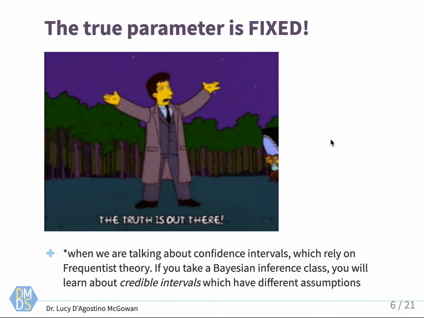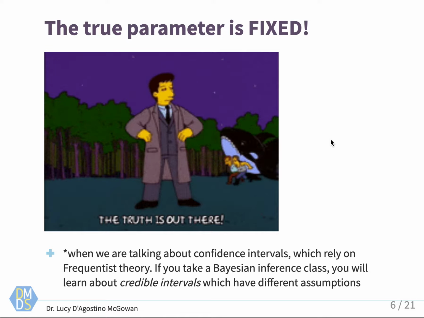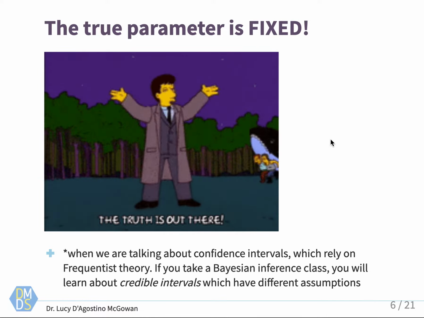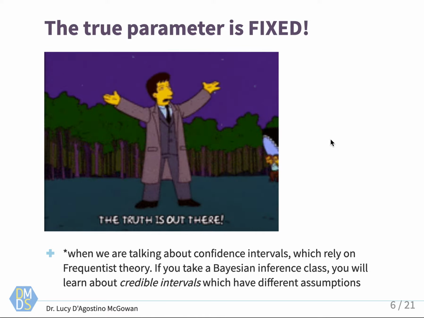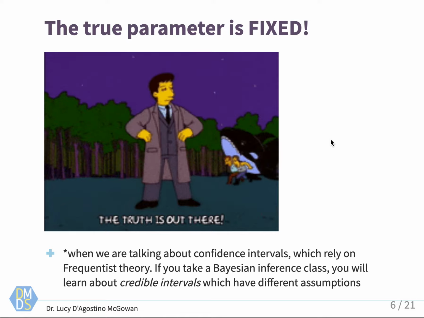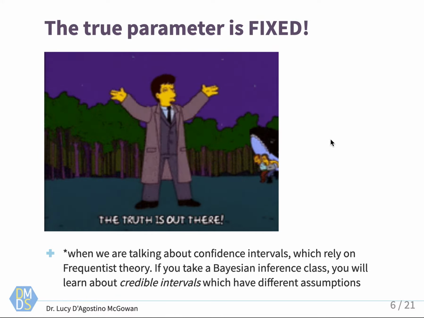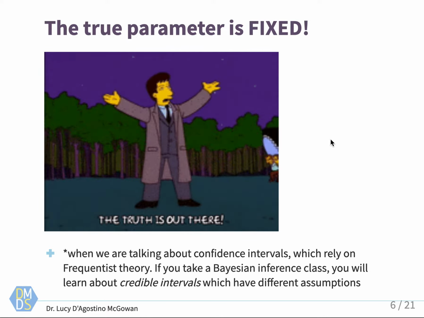Credible intervals are somewhat similar to confidence intervals, but they have different underlying assumptions. What we're talking about are the confidence intervals that you typically see when you run any kind of regression analysis, or really any analysis that would output parameter estimates for a model.